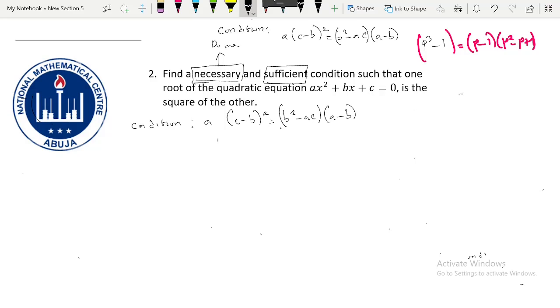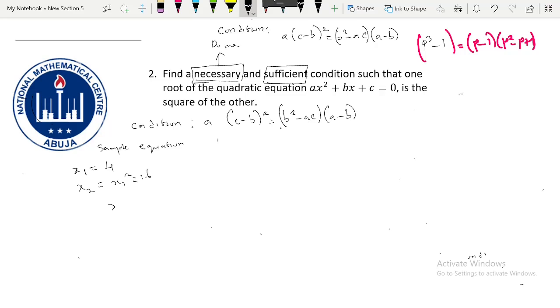So let's check. Let's take a sample equation where the roots of the equation are like 4. One root is 4. Let's say x1 is one root. Then the second root, x2, is x1 squared, which is 16.